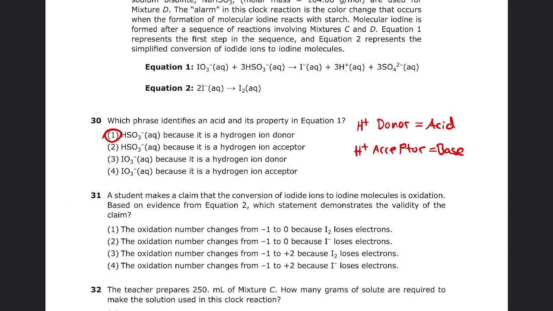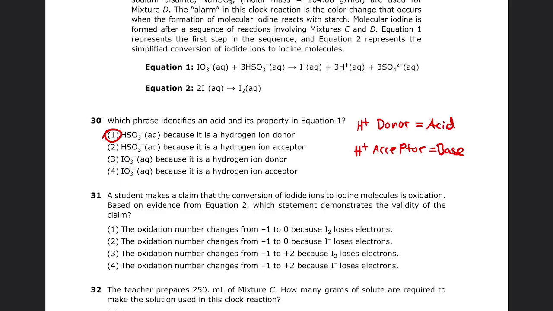Right, a student makes a claim that the conversion of iodide ions to iodine molecules is oxidation based on evidence from equation 2. Which statement demonstrates the validity of the claim? So you're probably thinking either LEO the lion goes GER, lose electrons oxidation, gain electrons reduction, or OIL RIG, which I personally teach my students because America. Oxidation is loss, reduction is gain.